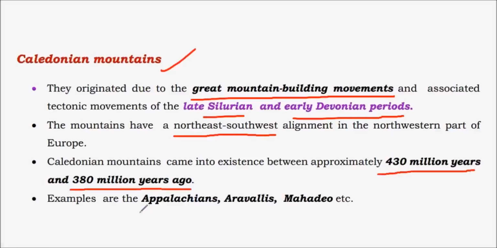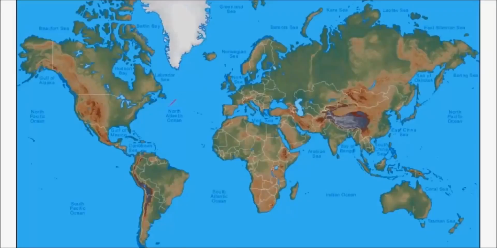The best examples are the Appalachians, which are present in the northeastern part of the USA, and the Aravallis and Mahadeo hills, which are part of western and central India. So these are parts of the Caledonian mountains.